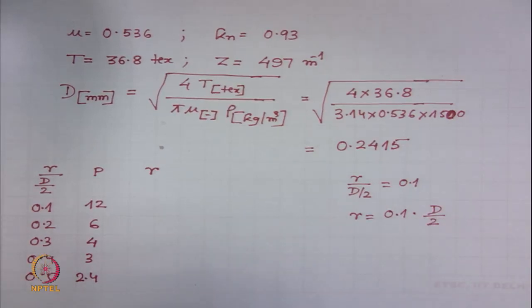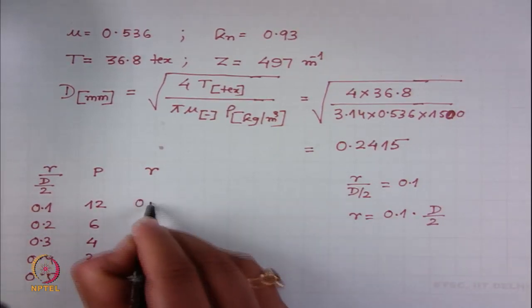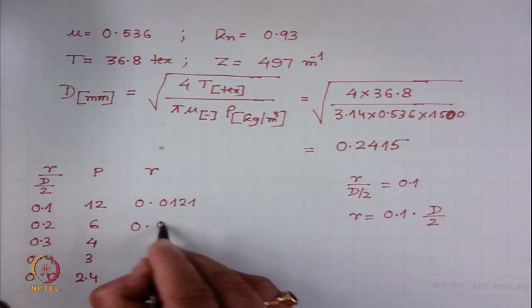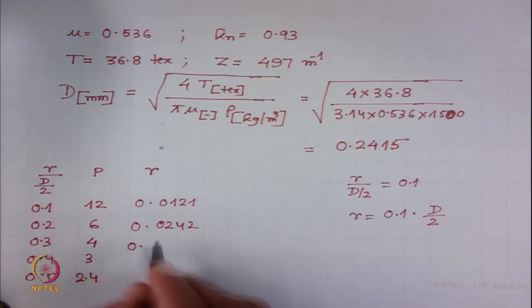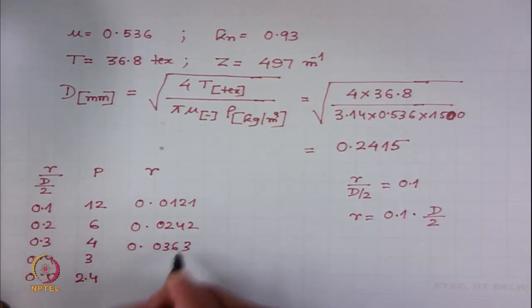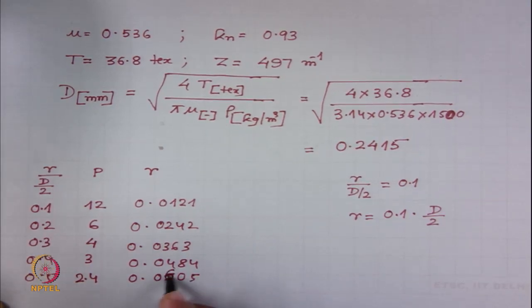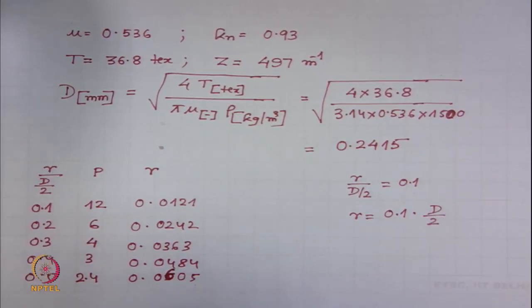If we do this, then we will find 0.0121, 0.0242, 0.0363, 0.0484, 0.0605. Roughly we will find these values.